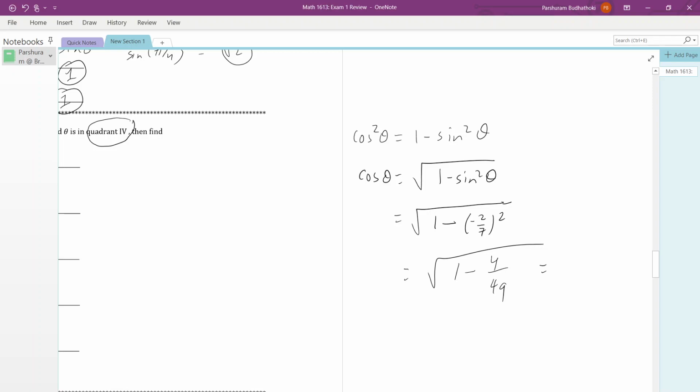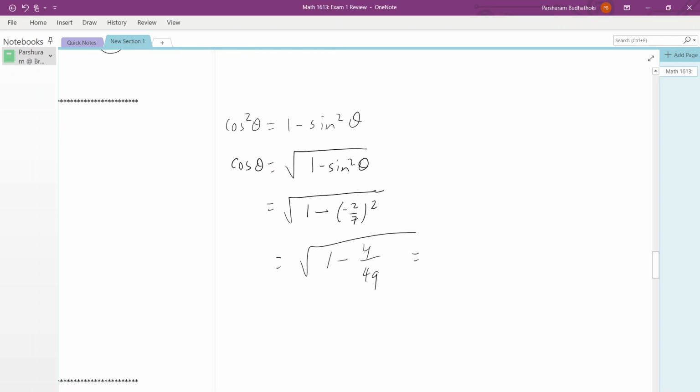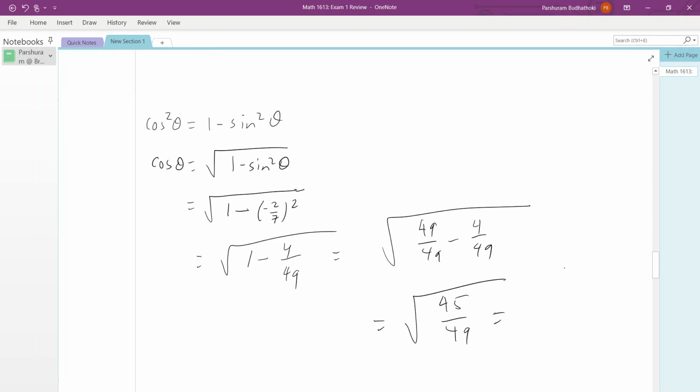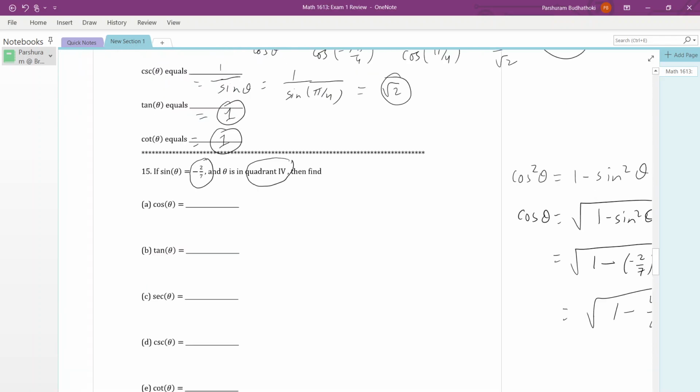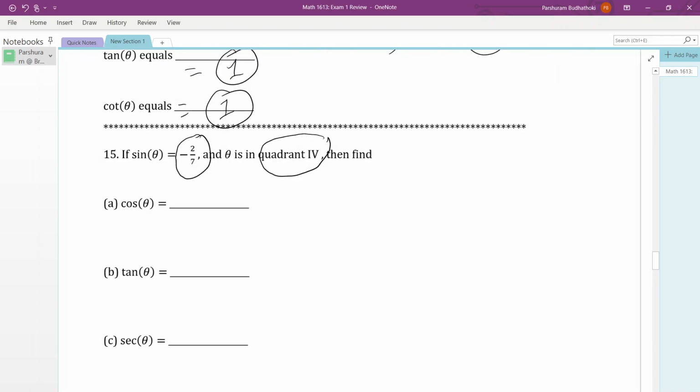If we simplify this, 49 over 49 minus 4 over 49 gives us the square root of 45 over 49, which is basically 0.95831. Okay, so that's how we can find the value of cosine theta.